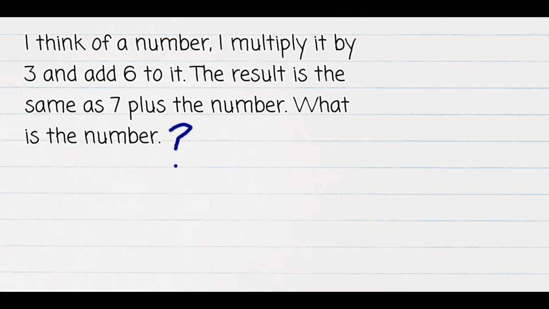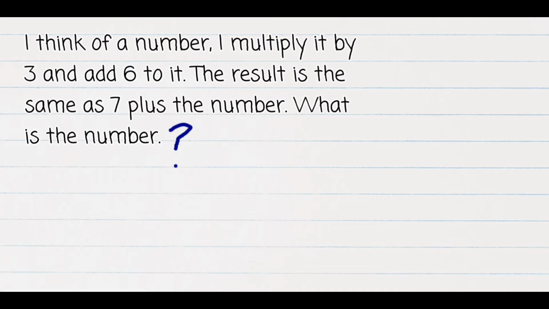Now, the first sentence says that I think of a number, I multiply it by 3 and add 6 to it. The first thing to do is to pick an unknown for that number to be. It could be X, Y, G, like I've said in the previous example.